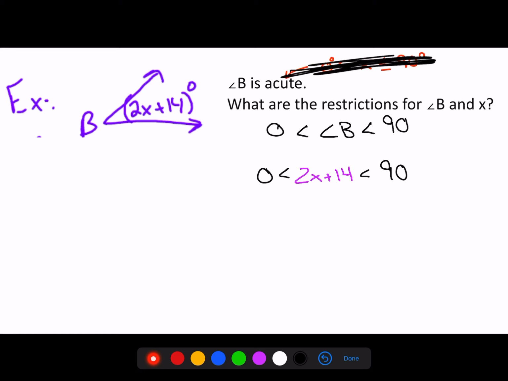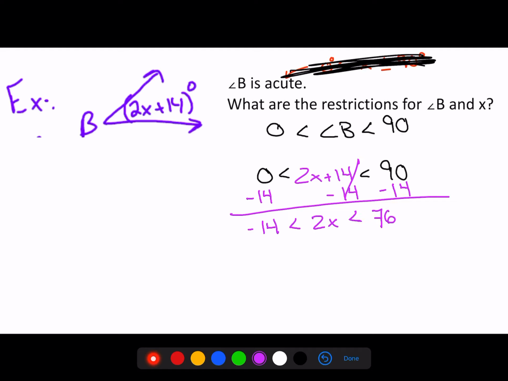So from here, we go ahead and solve. I start by subtracting 14 from all three sides. This will give me negative 14 is less than 2x, which is less than 76. From here, we divide all three sides by 2, which will give me negative 7 is less than x, which is less than 38.